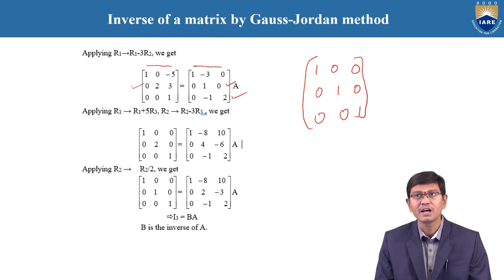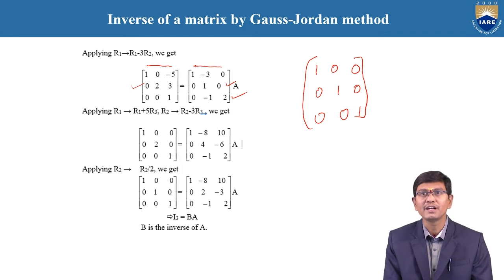Comparing with the unit matrix, the minus 5 needs to change to 0, with the help of R1 equals R1 plus 5 into R3. Similarly, in the last row the element 1 exists.